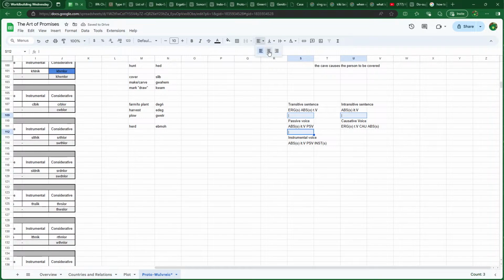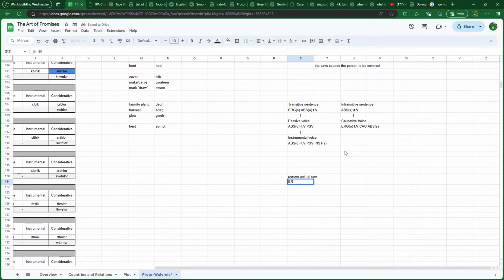Let me just put this in bold. There we go. So, the person sees the animal. I'm actually just gonna write this out. Person, animal, sees, or person, animal, see, right?